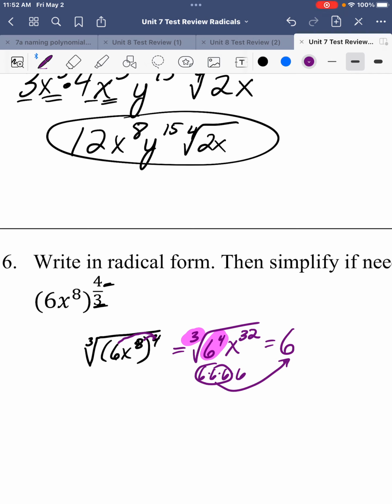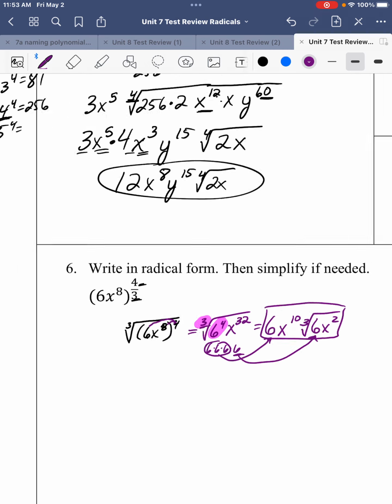And then the x to the 32, 32 divides by 3, goes in 10 times, so that's x to the 10th. And what's left is one 6, and 10 times 3 is 30, and those 32 x's, so that means there's got to be 2 left over. And there's your final answer.